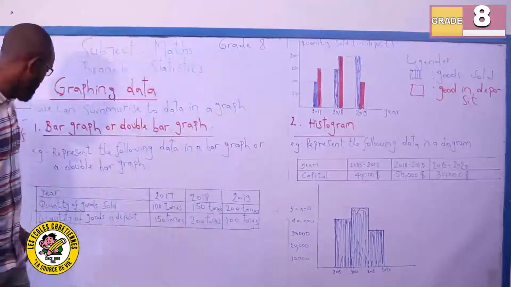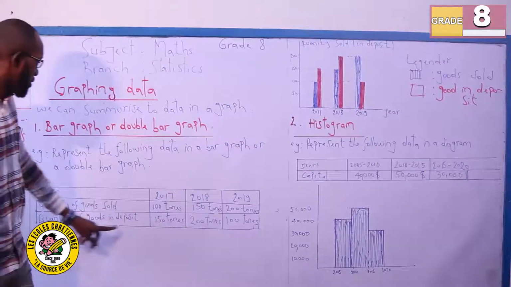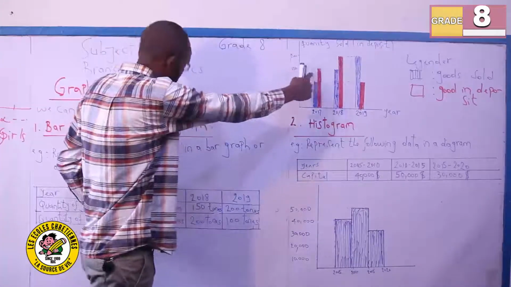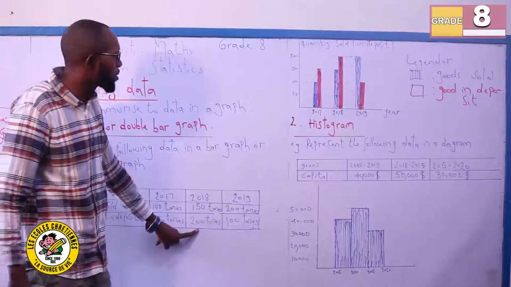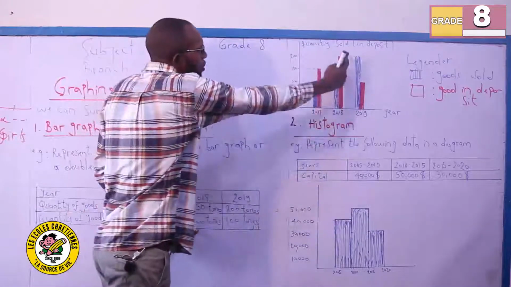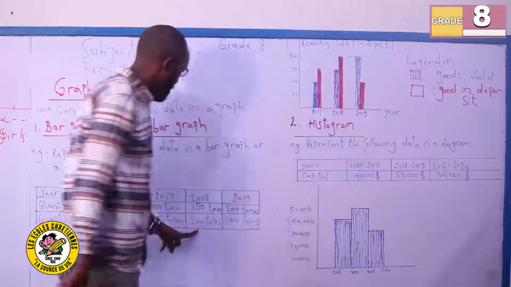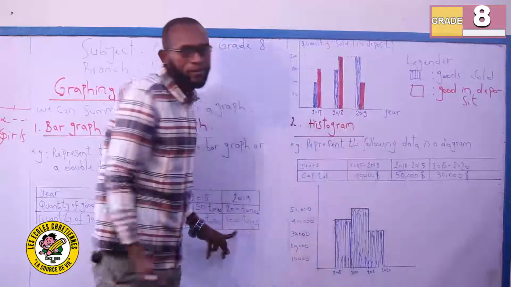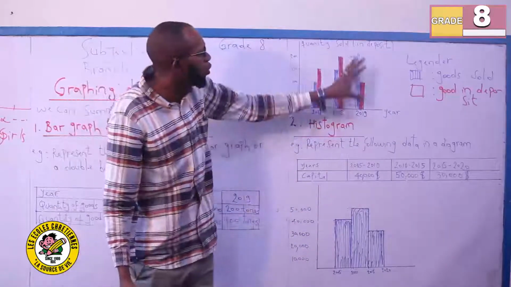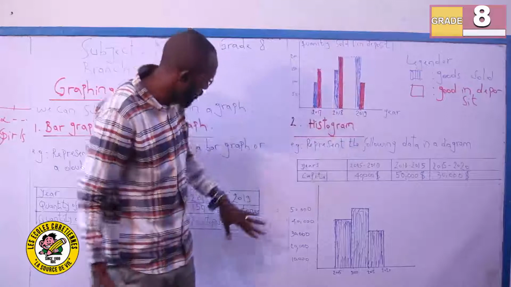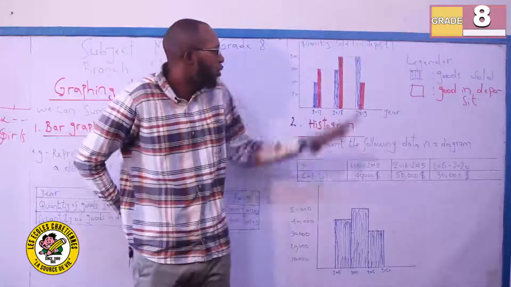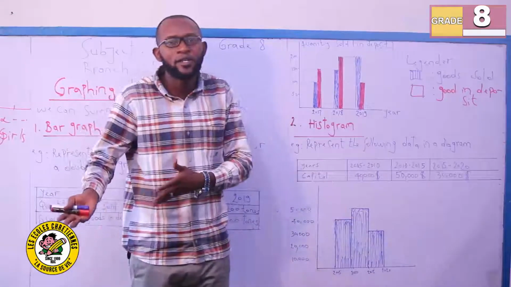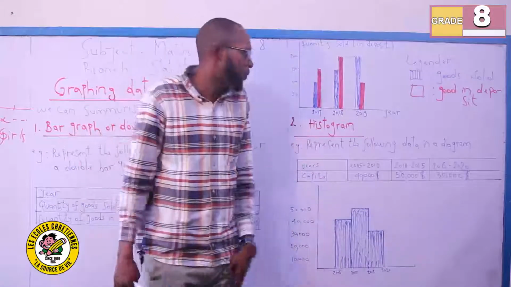If you take red, deposits: 150 here in 2017, 200 here in 2018, and 100 in red. So you can be able to interpret some information. If you don't have the data, you can interpret this.